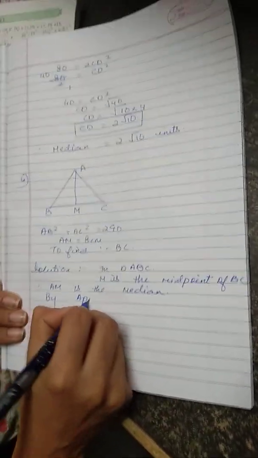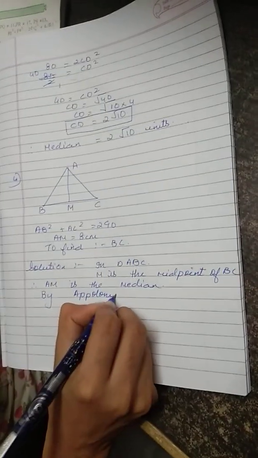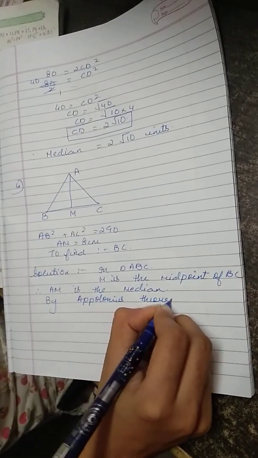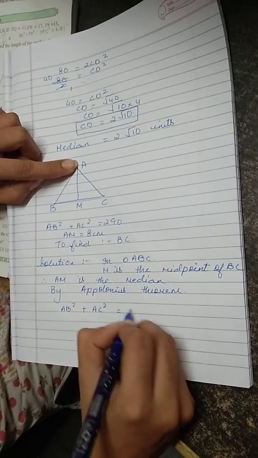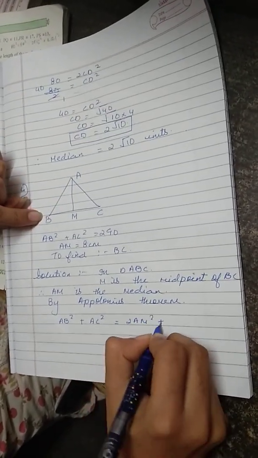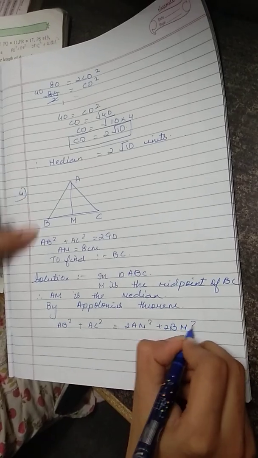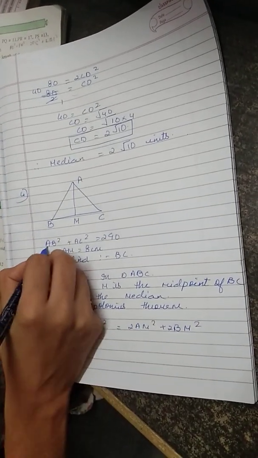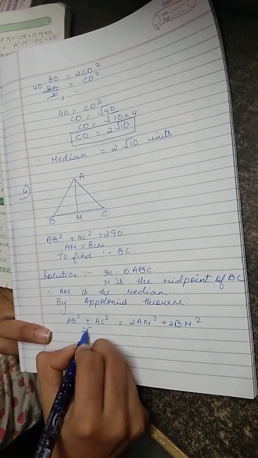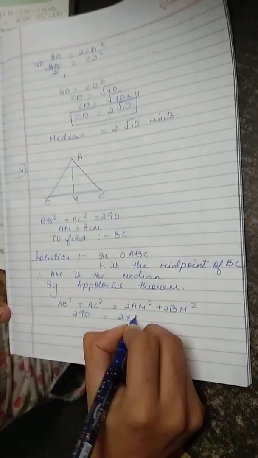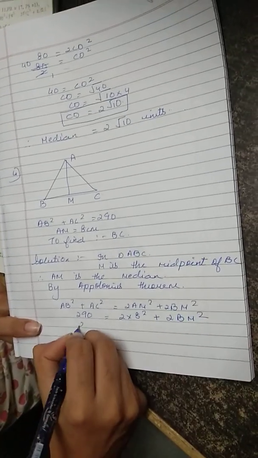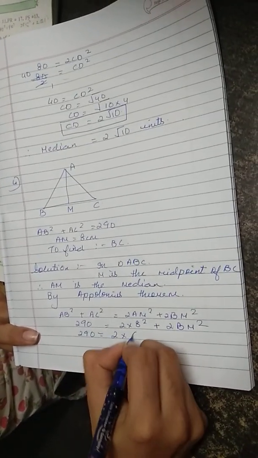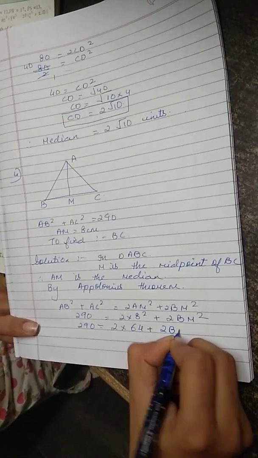Now apply Apollonius theorem: AB square plus AC square, median over here is AM, twice AM square, and another congruent side twice BM square. Substitute the values: instead of AB square plus AC square substitute 290, which is equal to 2 into AM square, AM is equal to 8, 2BM square will remain as it is. 290 is equal to 2 into 64 plus 2BM square.